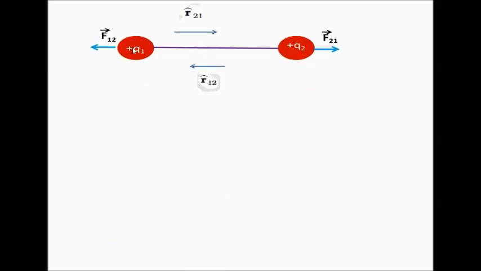So now we can represent the force experienced by charges in their vector format. Okay, I took this example, the interaction between two positive charges. I have two positive charges Q1 and Q2, both are repelling each other. Now I am going to write the expression for force experienced by Q1 and force experienced by Q2 in vector form.